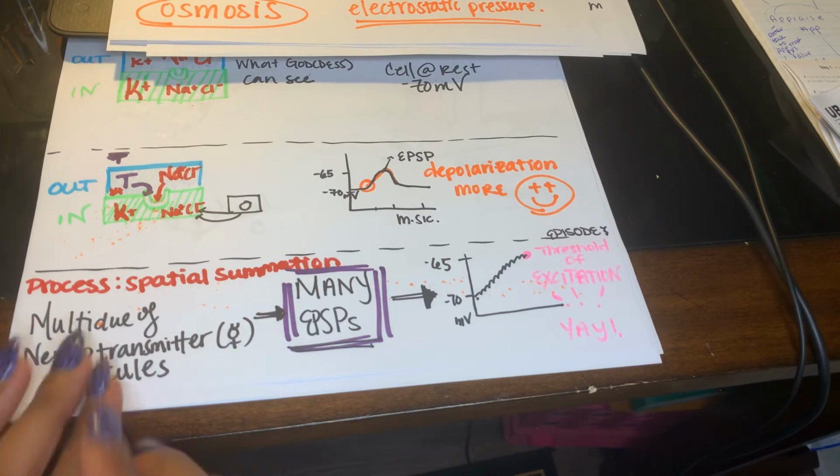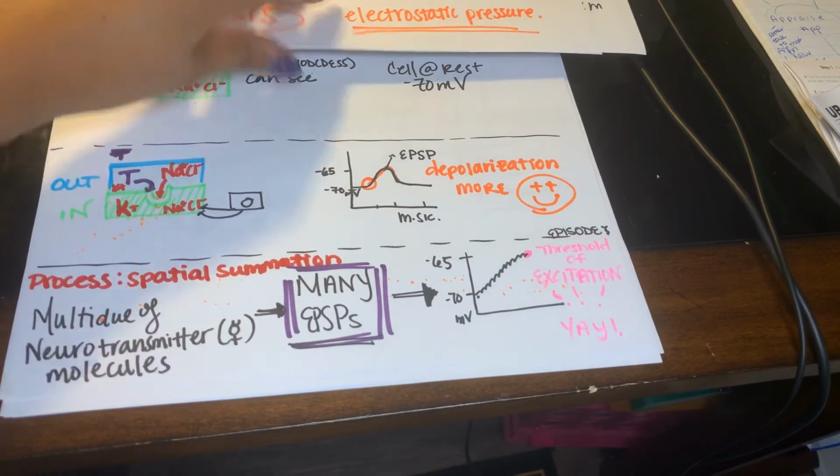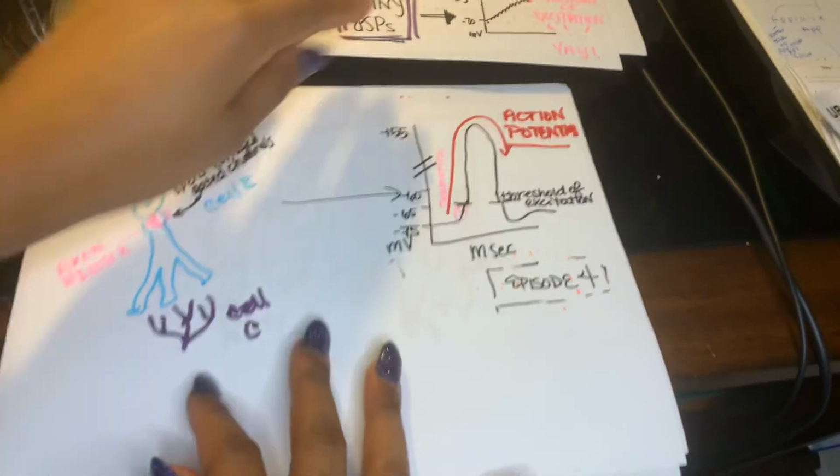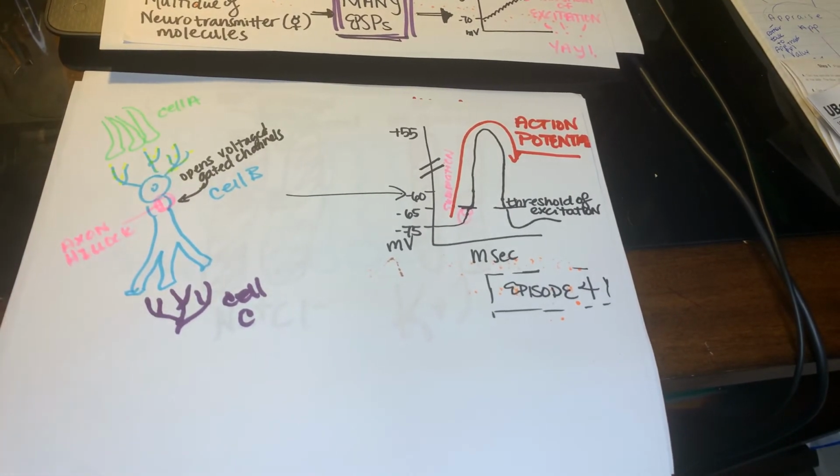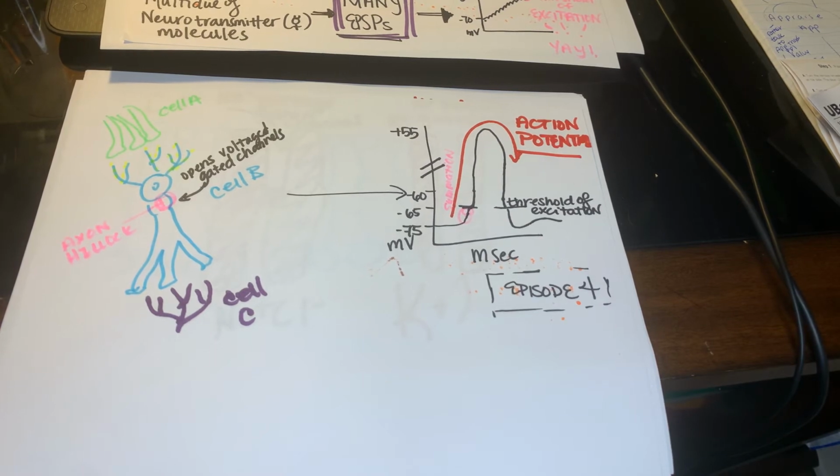So when there's a lot of neurotransmitters, multitudes on cell B, the neurotransmitter molecules add on to each other, and in adding to each other, they add more positivity to the cell.